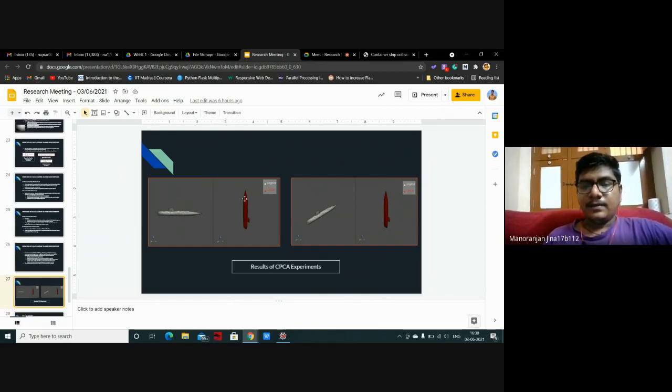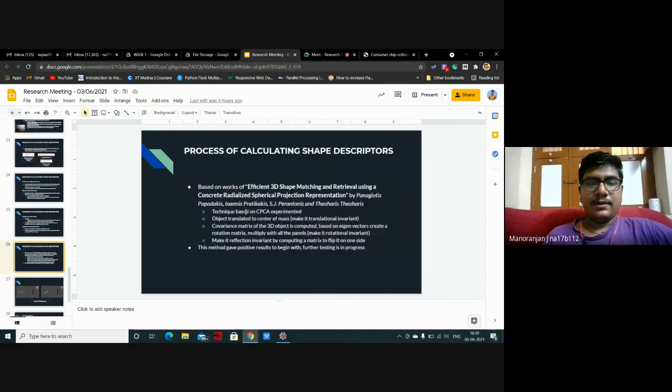In effect, we are computing the shape descriptors in this orientation through CPCA, but when we are actually seeing the pressure points or velocity points measured from a different orientation, the neural network may not be able to learn. Not entirely sure, but it was Sar's suggestion. Yeah, may not be able to learn.